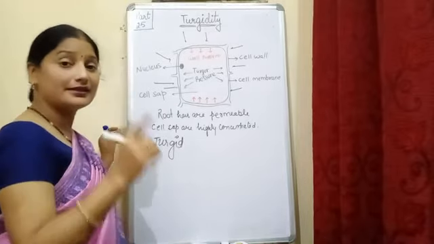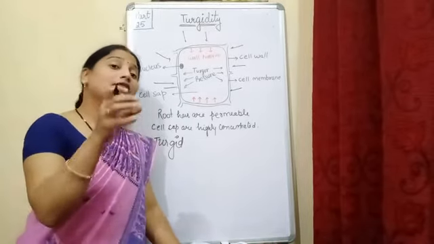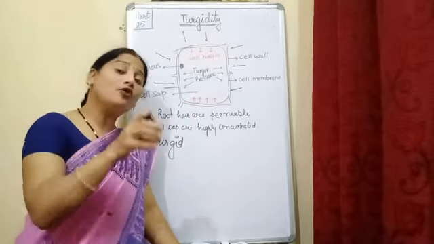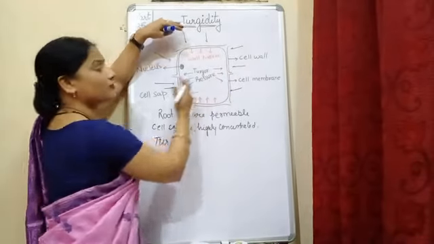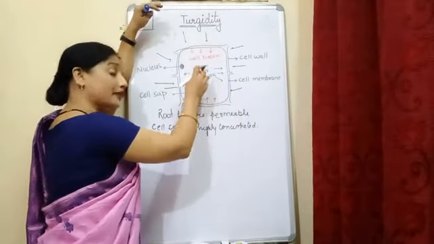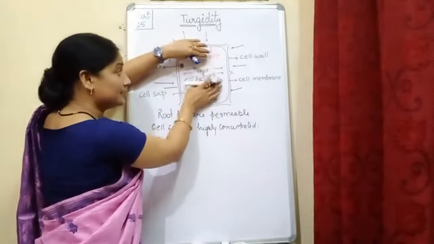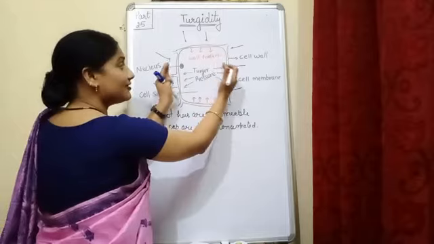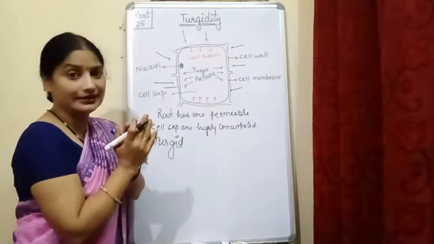When the cell absorbs water from the surrounding and completely swells up, that condition is called the turgid condition. Now, suppose this is the vacuole of the cell and it has absorbed water from the surrounding medium. The water has moved in and because of that, the cell has swelled up or has regained its maximum size.